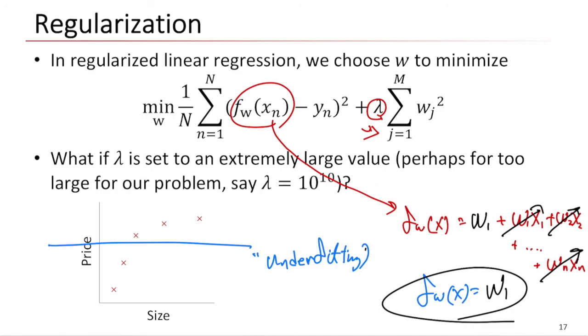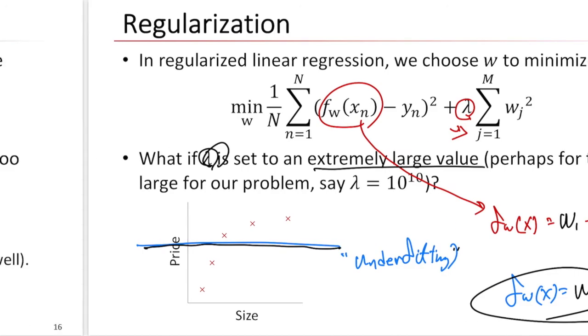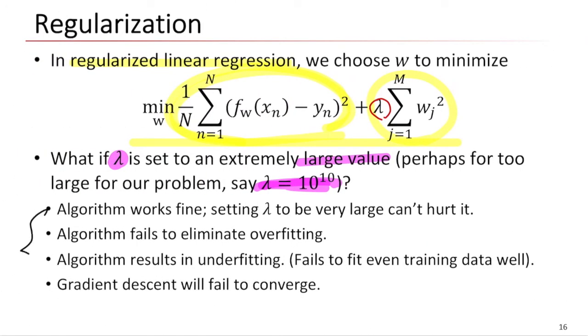So if we use an extremely high value of the penalty parameter lambda, the mapping function will be underfitted, so the algorithm results in underfitting and gradient descent will fail to converge. So we have to choose a proper lambda to get the desired effect using the regularization.